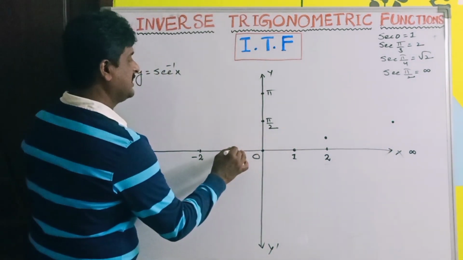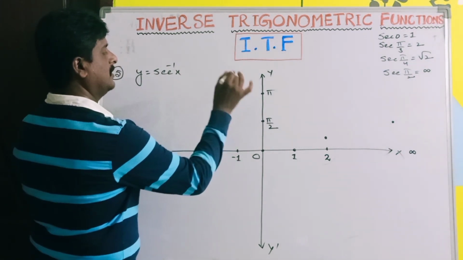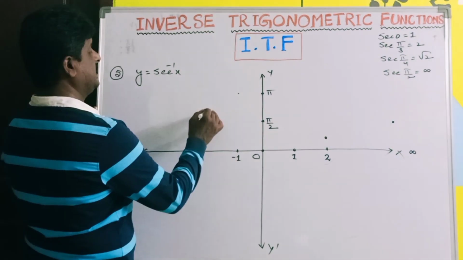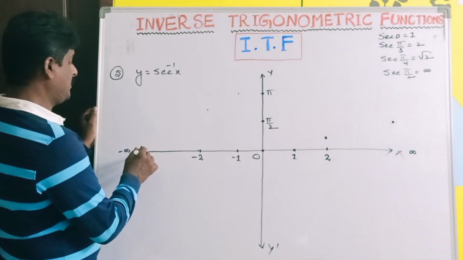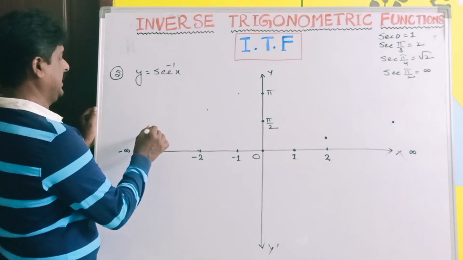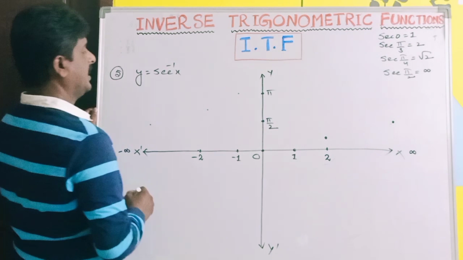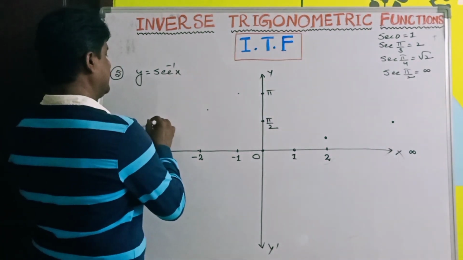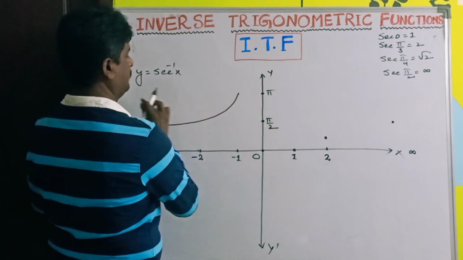And secant inverse minus 1 is pi. This is pi. Secant inverse minus 2 will be 120 degrees. And secant inverse minus infinity will be almost 90 degrees.